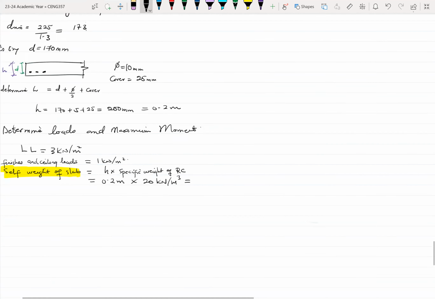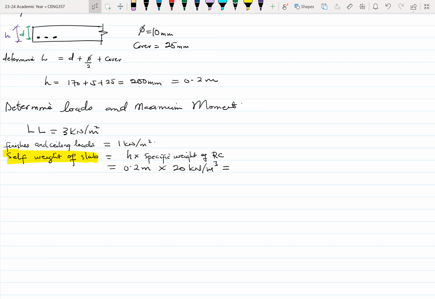And when you do these calculations, you should end up with 4.8 kilonewtons per meter squared. Okay, so it means that your total dead load will be 1 plus 4.8. That'll give us 5.8 kilonewtons per meter squared.